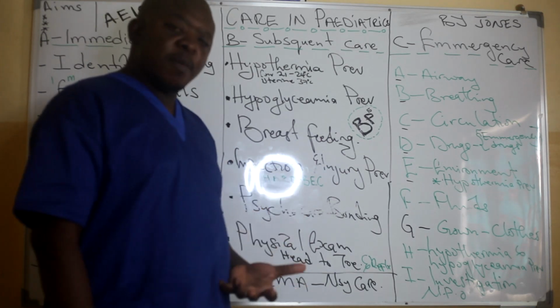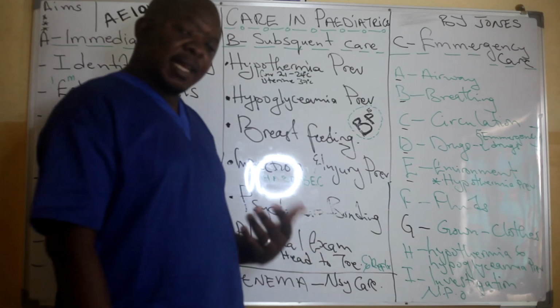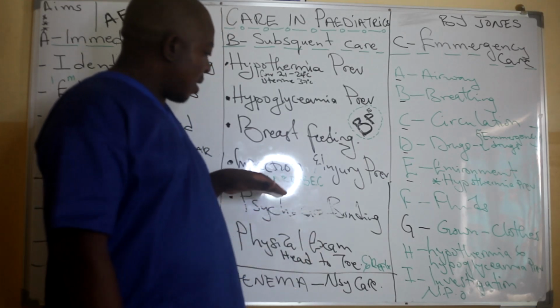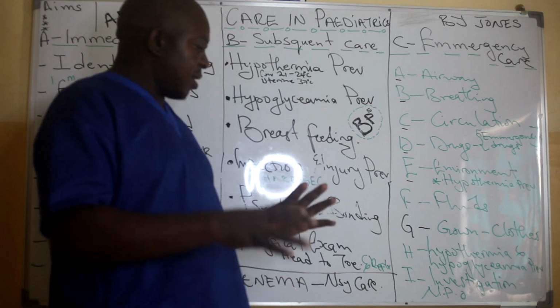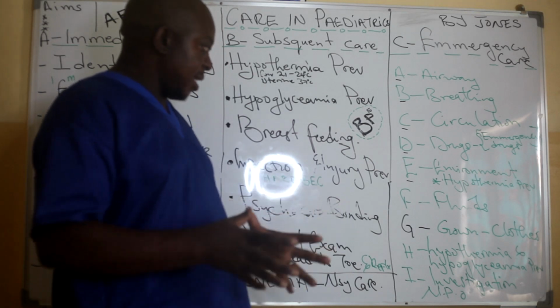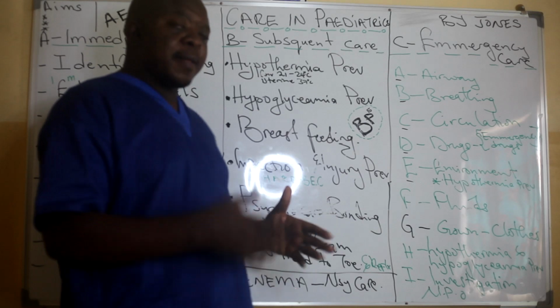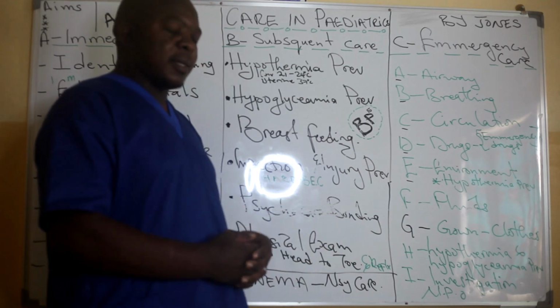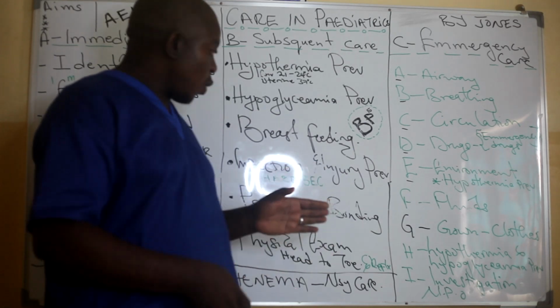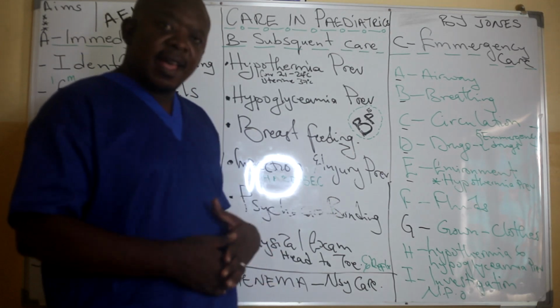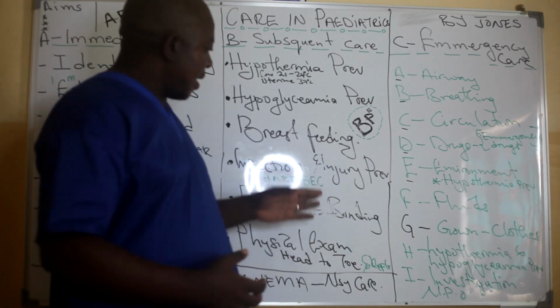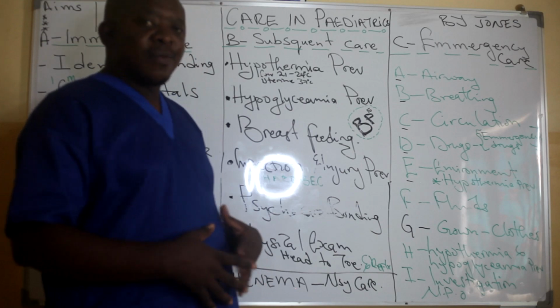You have to practice rooming in. There should be proper dusting. So now this one is HARD, that is the element under infection prevention and injury prevention. Then apart from that, barrier nursing should be practiced because they have lower immunity. Then eye care, giving of prophylaxis, and cord care to avoid infection.